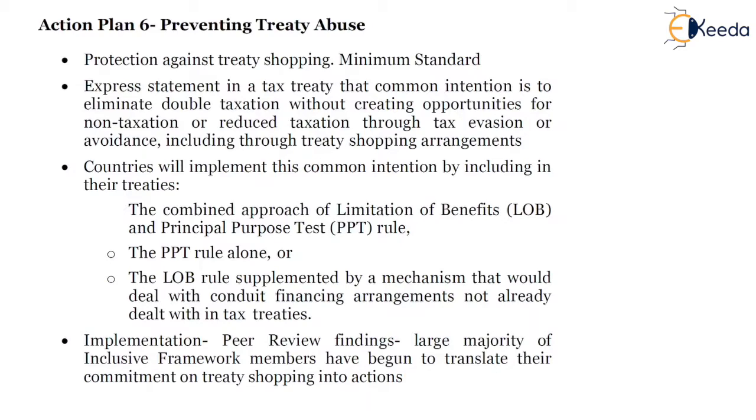A protocol is finalized which will amend the existing articles of the treaty, or either it can be through MLI, multilateral instrument, which is one of the parts of action plan of BEPS. Action plan number 15, multilateral instrument. Through multilateral instrument also treaties can be modified.